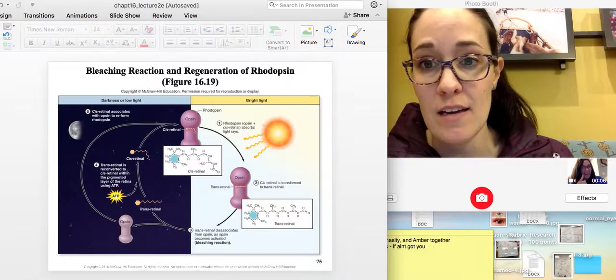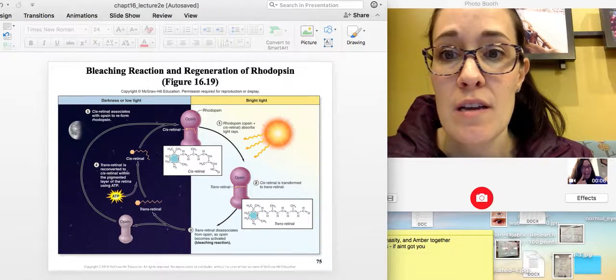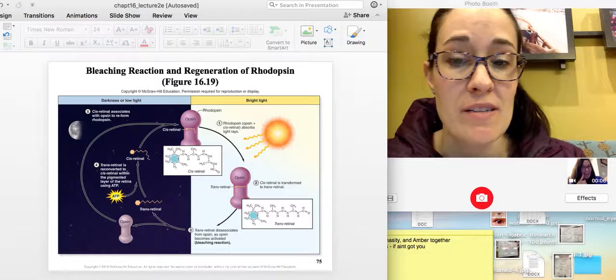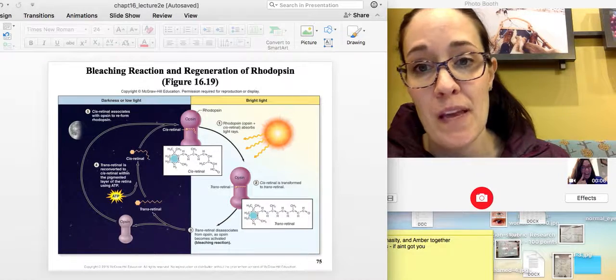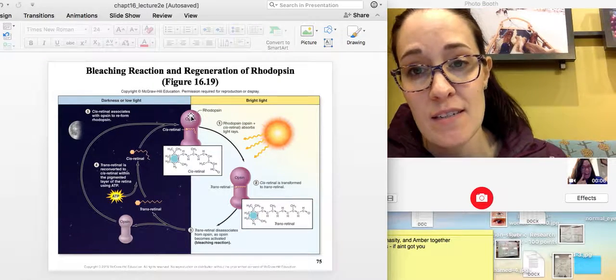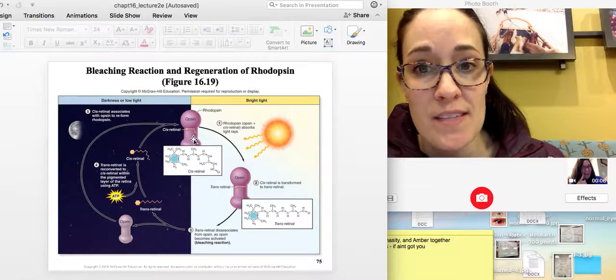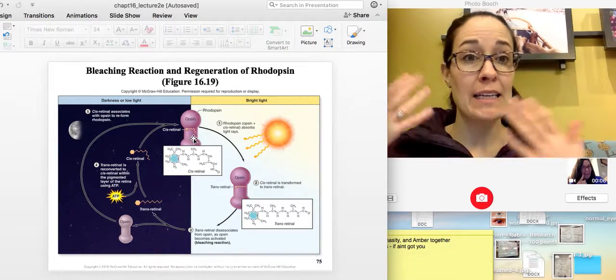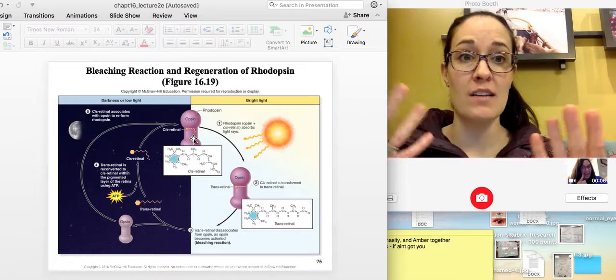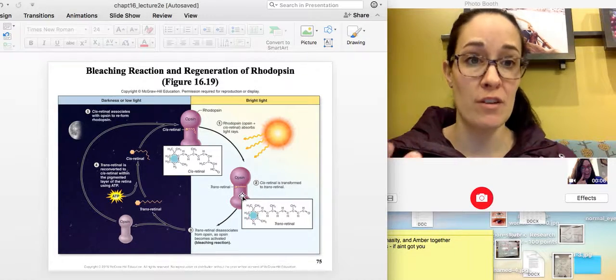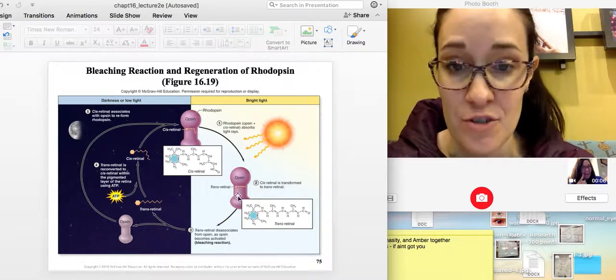This figure shows the bleaching reaction that happens in rods. In the dark, the opsin is there, that's the protein, with the cis-retinol, that kinked version. When light comes into the eye, it causes rhodopsin to be non-functional.